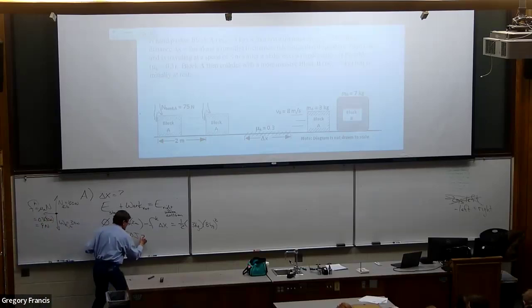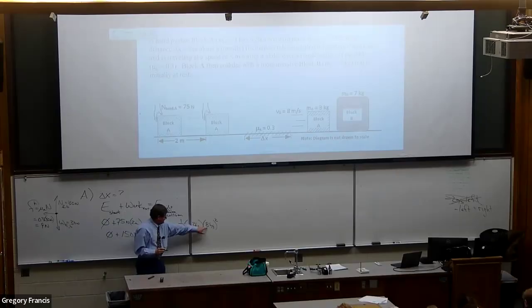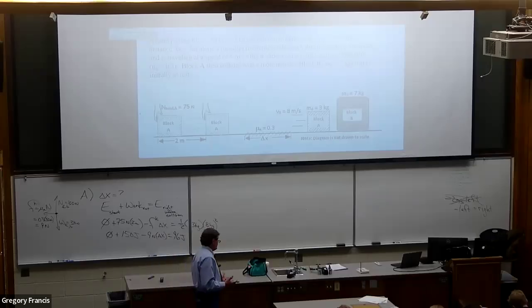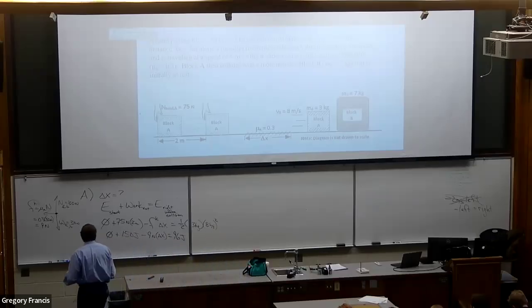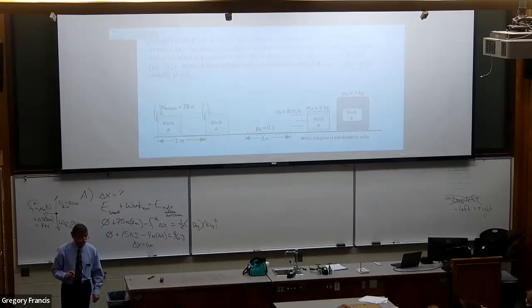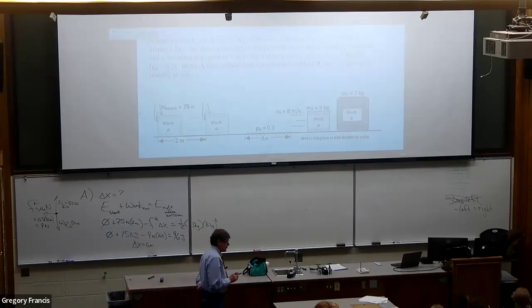So this is going to be minus 9 newtons times delta x. 8 squared is 64. Half of 3 is 1.5. 1.5 times 64 is 96 joules. Well, that's just algebra. If I solve that for delta x, delta x is equal to 6 meters. See if your neighbor could have solved that problem if it were on your exam.